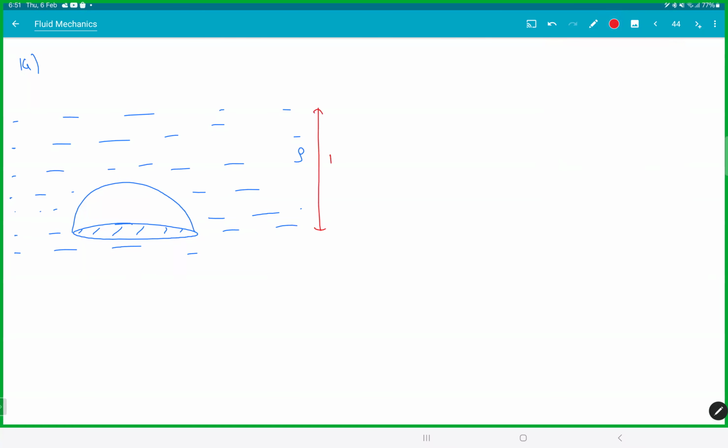Let this height be h. Let this radius be r. Now here, the pressure is not constant. As you go down, the pressure increases. Now you can't use projected area. Find the force on the curved surface of the hemisphere.